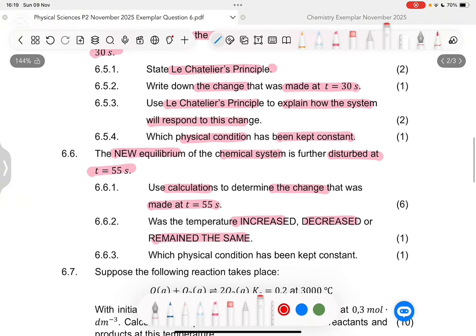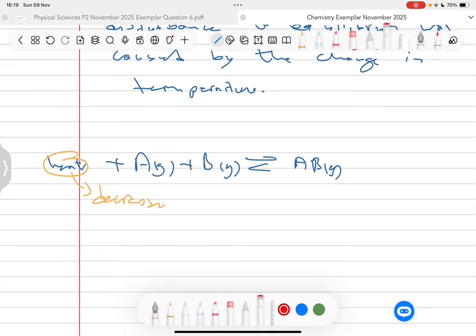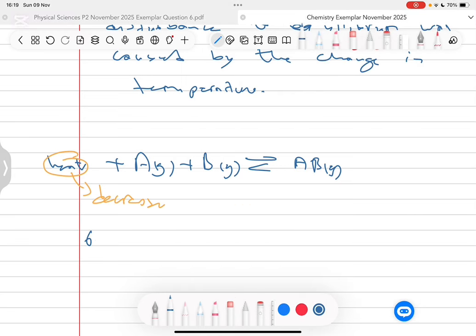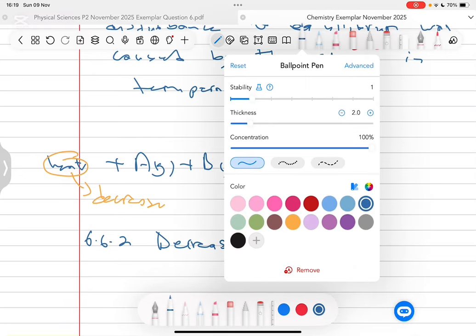It means to answer our question, the temperature was decreased. So the answer to this question really would be that we say the temperature was decreased, and really you are going to get 1 mark for this.